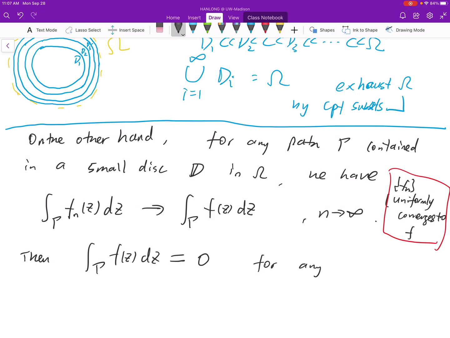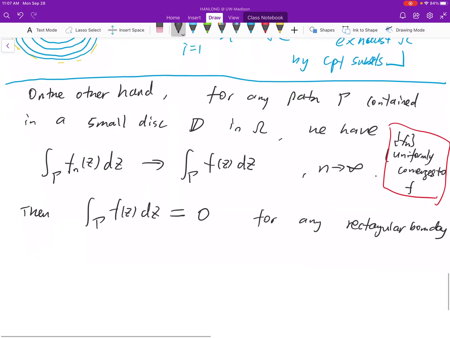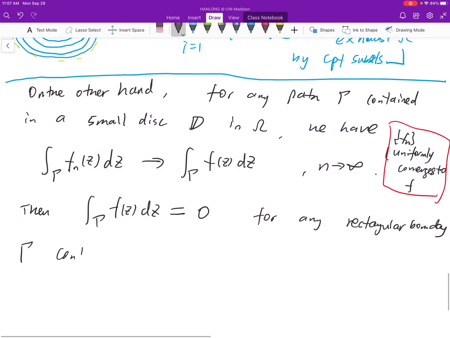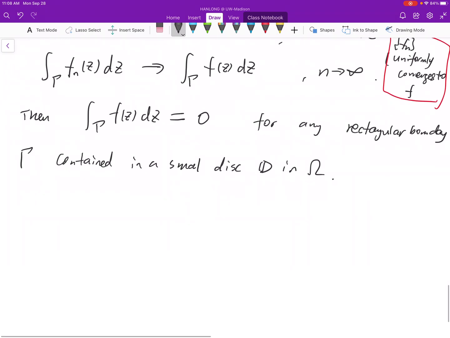For any rectangular boundary gamma contained in a small disk D in omega, F is holomorphic in D by Morera's theorem.